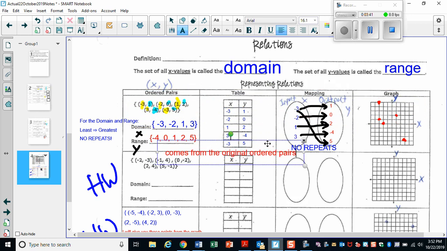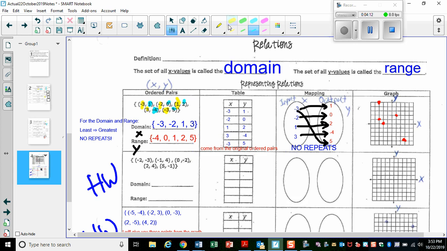You need to look for the ordered pairs and then the table. These ordered pairs help us set up the table. But again, the x value and the y value must correspond to the respective pairs. You do not put them in order like we did for the domain and range.